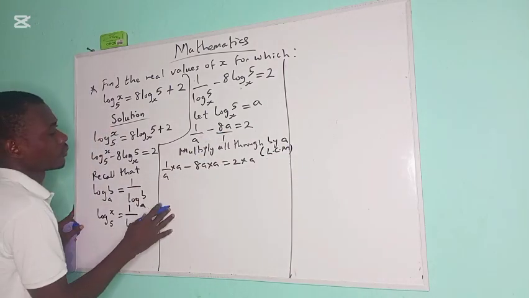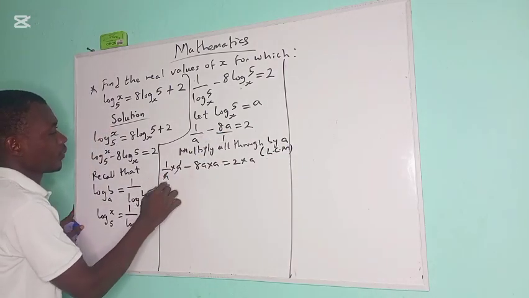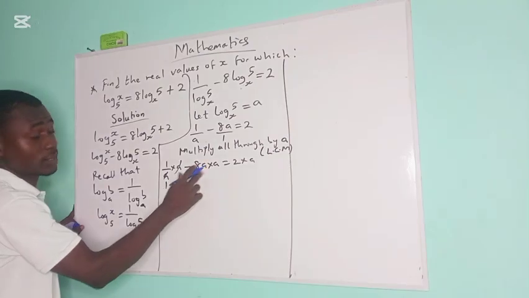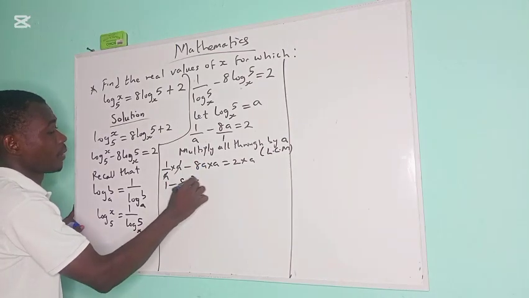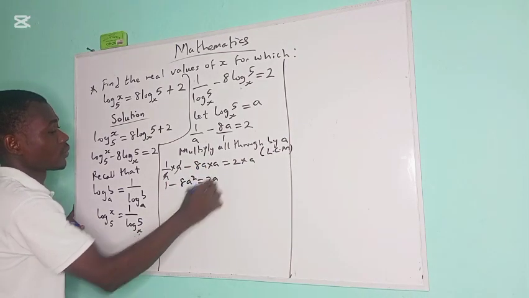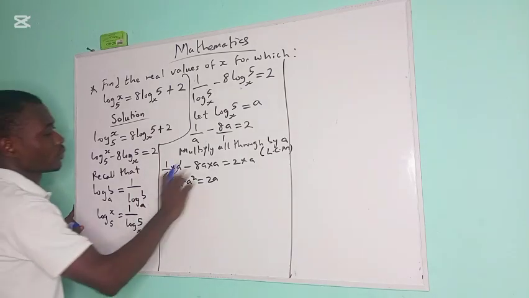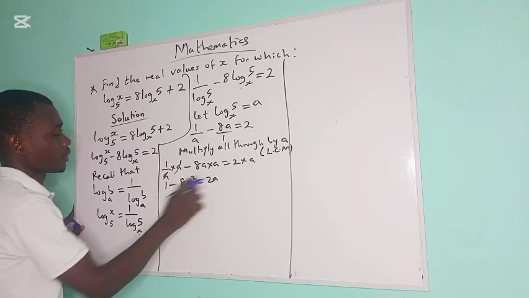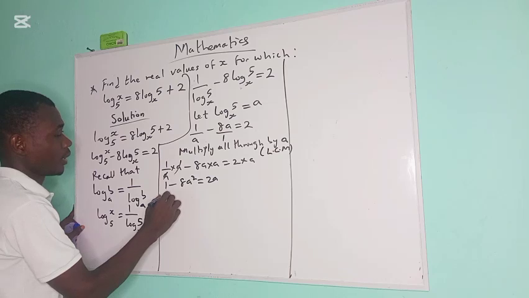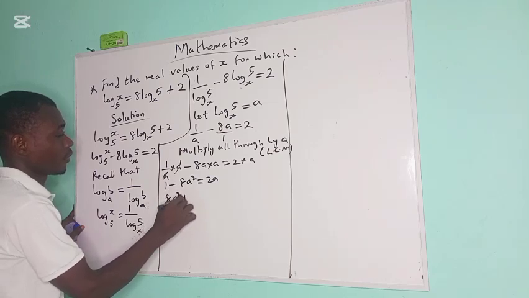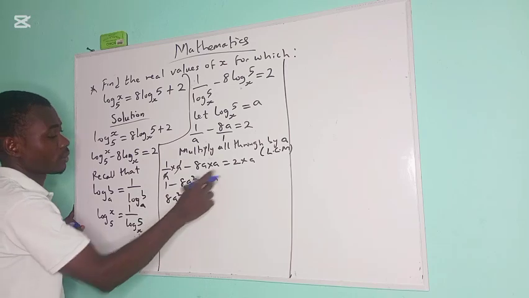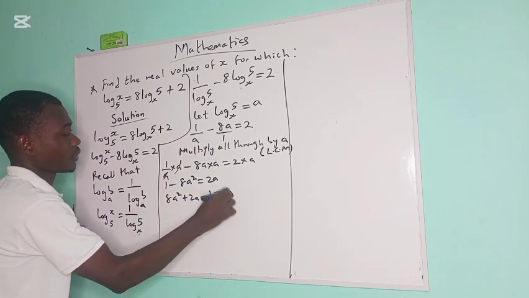So now we cancel this, we have 1; this one multiplied by this, we have minus 8a squared, equal to 2a. So what do we do? You collect the like terms, you transpose the minus 8a squared, and that will become 8a squared plus 2a minus 1 is equal to 0.